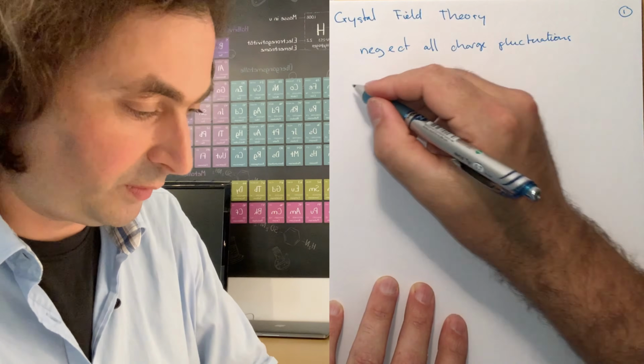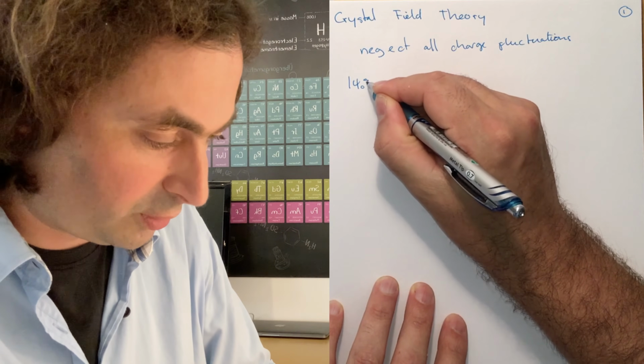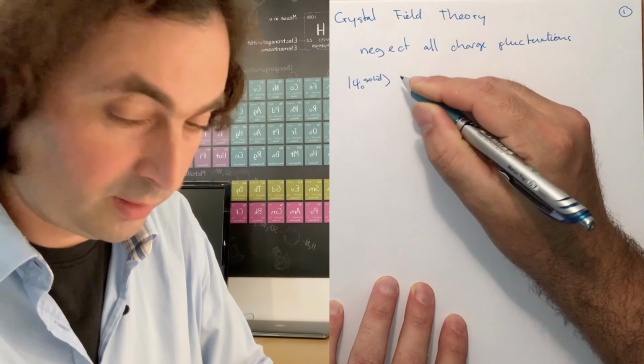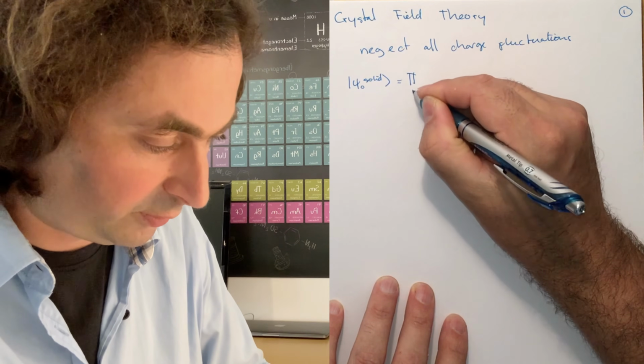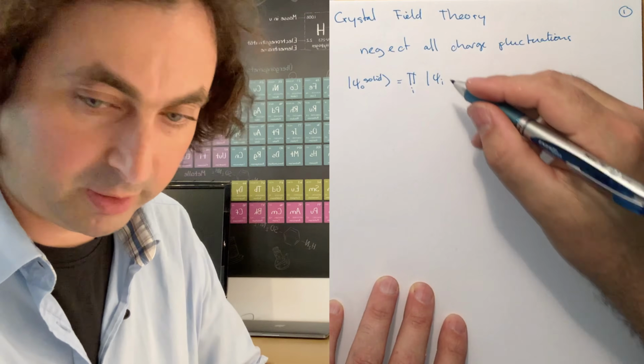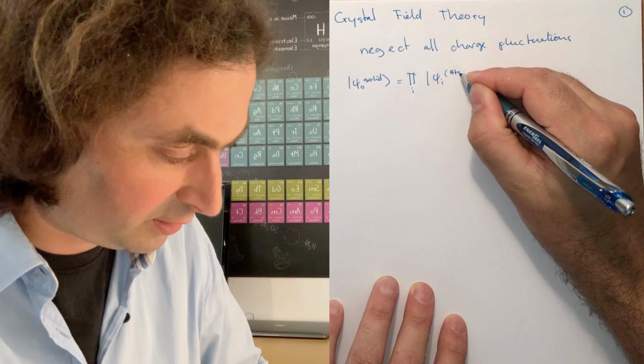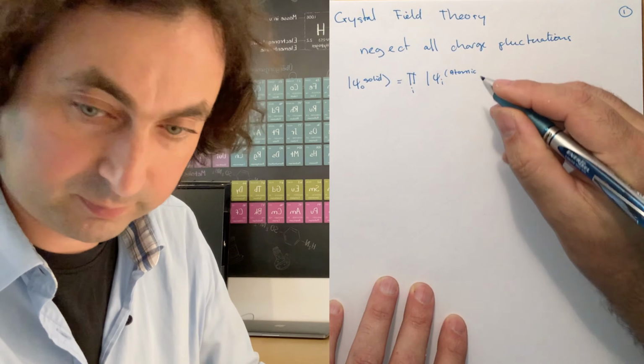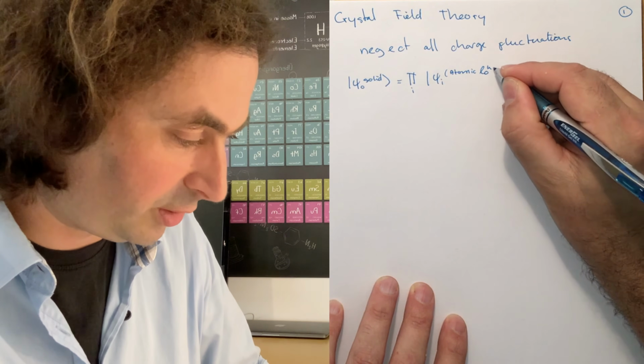In this case, we can write down our wave function for the solid as a simple product wave function where we have the atomic eigenstates on each site with a given configuration.